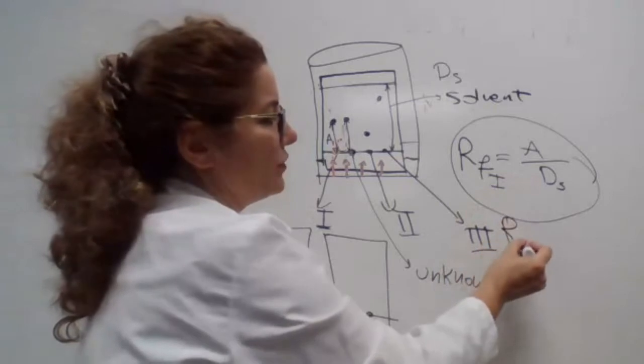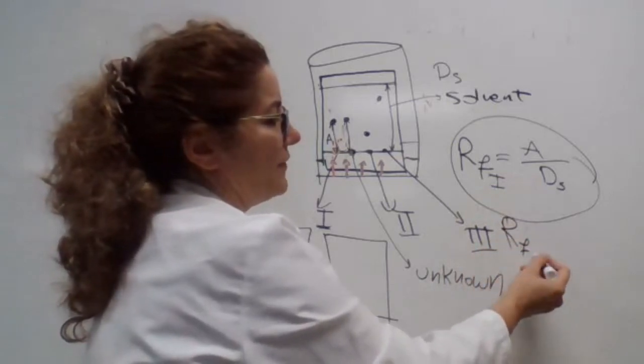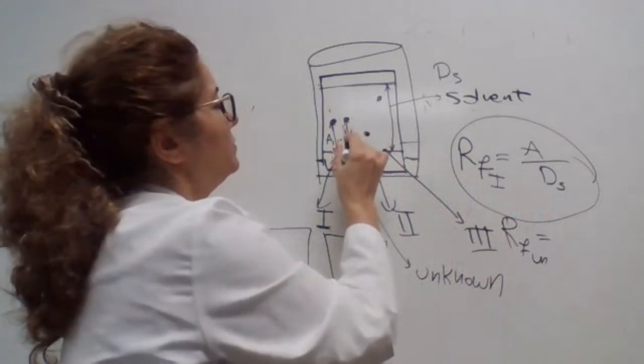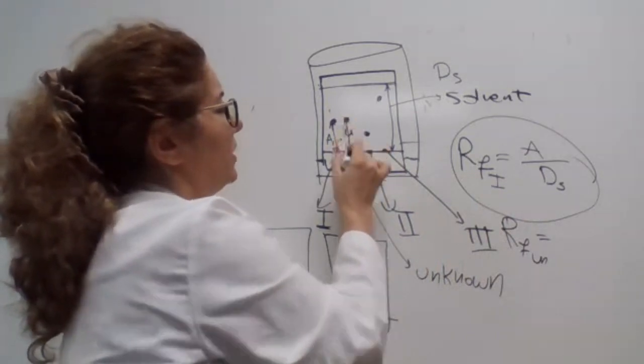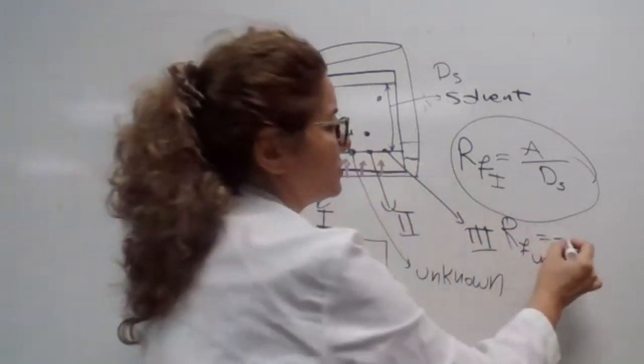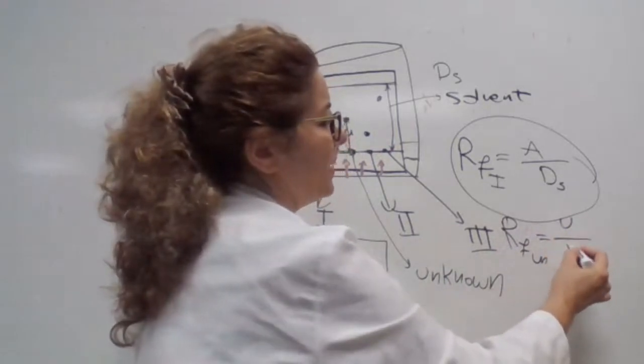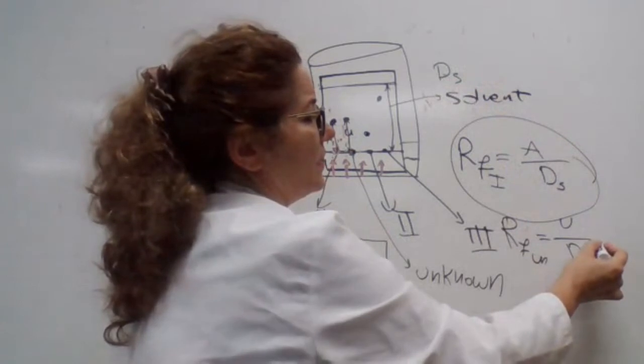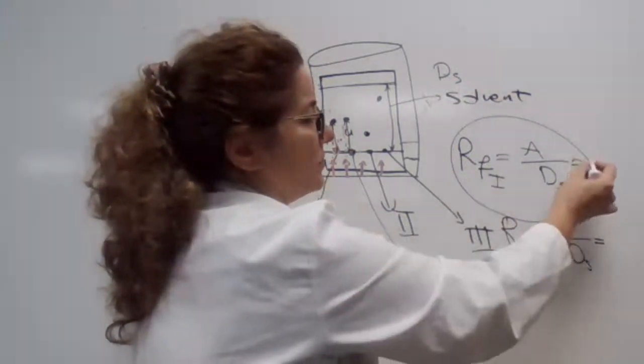You will also find the RF value for the unknown: if U is the distance the unknown traveled, it is U divided by the distance traveled by the solvent, and you find this value.